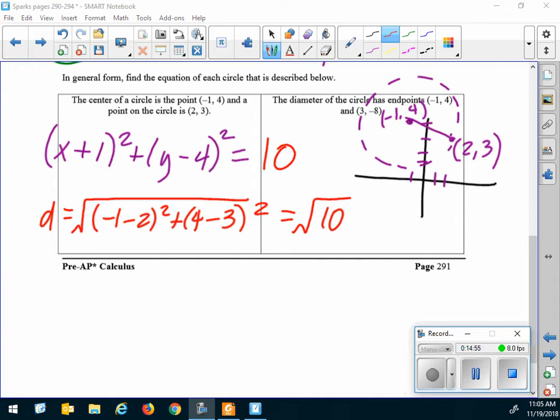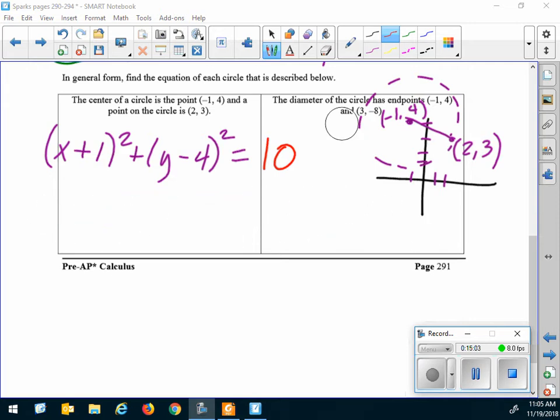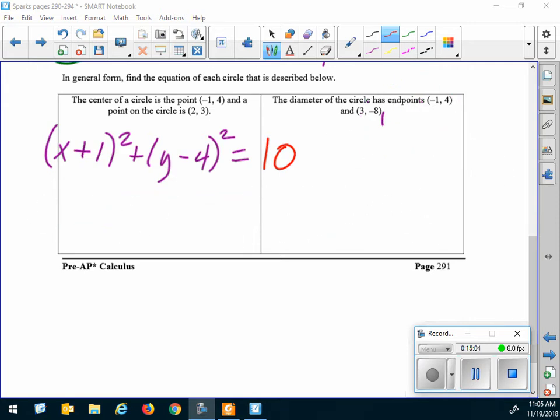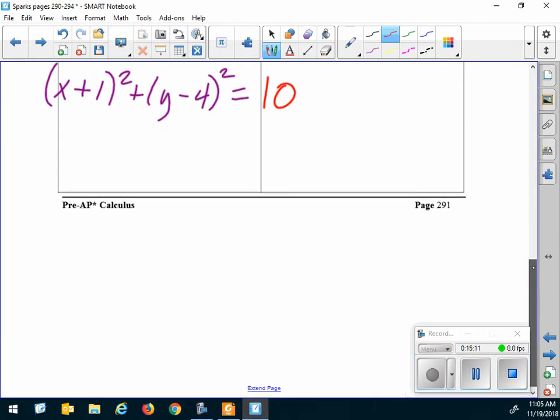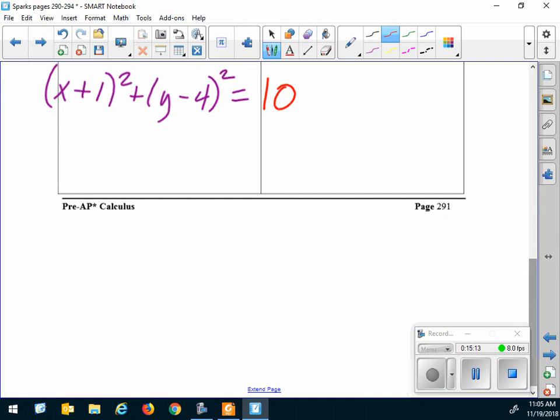Now it said to write it in general form. What do I have to do? I got to FOIL all that mess out, right? But that's okay because you know how to do it quickly because you are good. Okay, go. What's x plus 1 quantity squared?